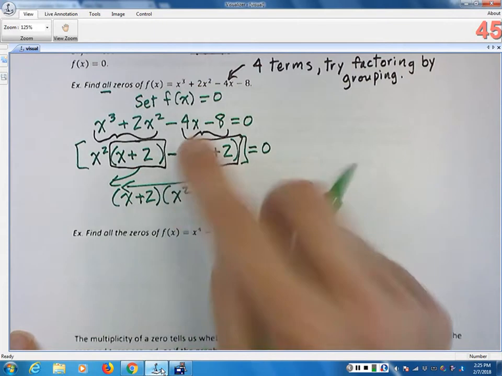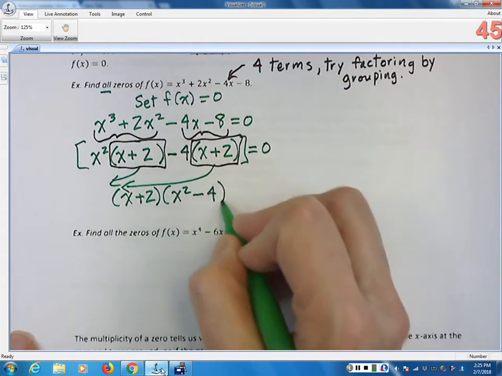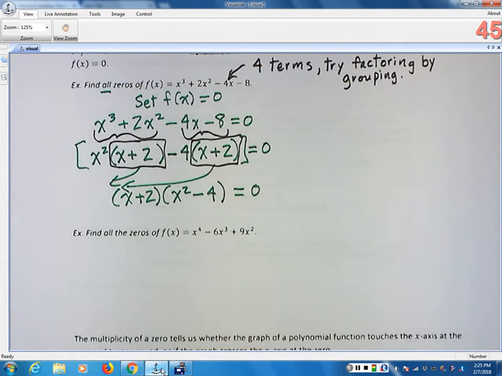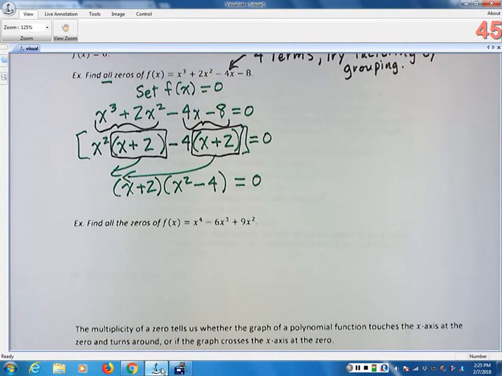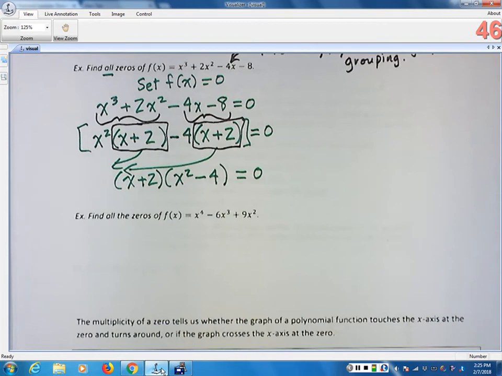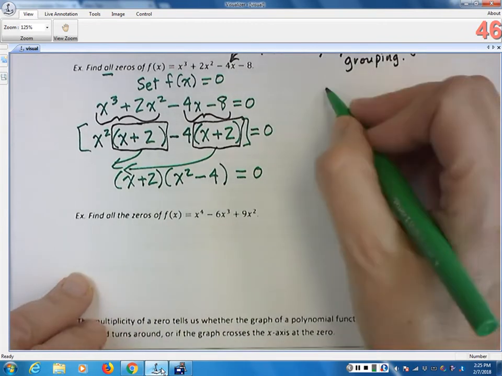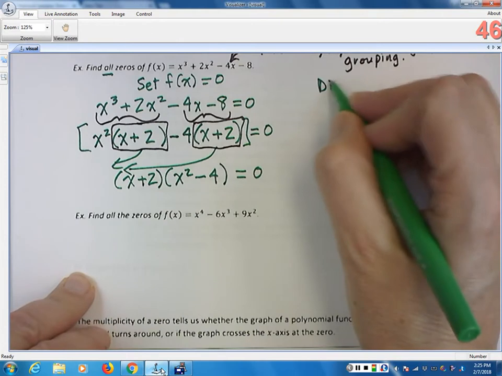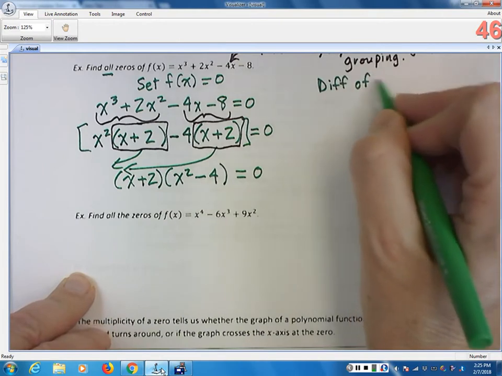You're left with minus 4. And so I was still factoring. That's why I will set those to 0 in a minute. Okay? And then x squared minus 4 is the difference of perfect squares. You should memorize. We've got a difference of perfect squares.